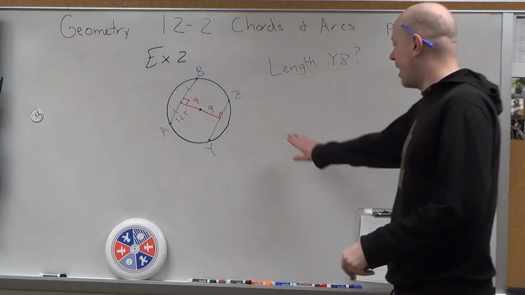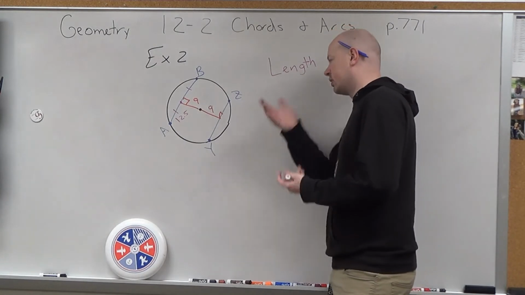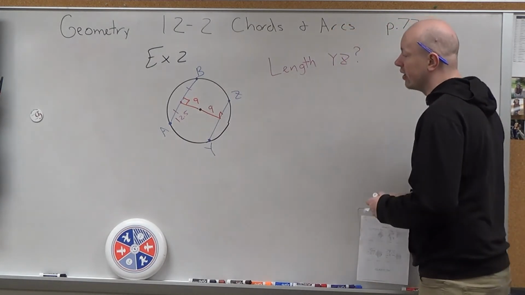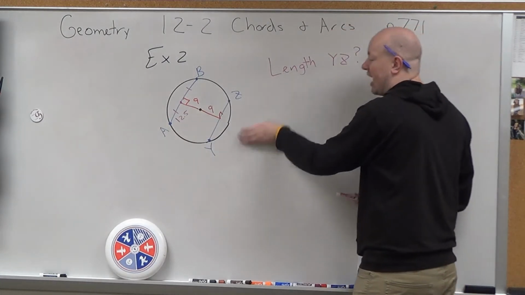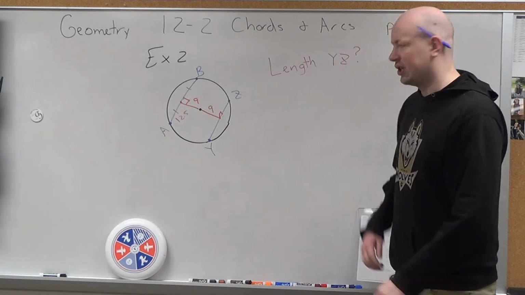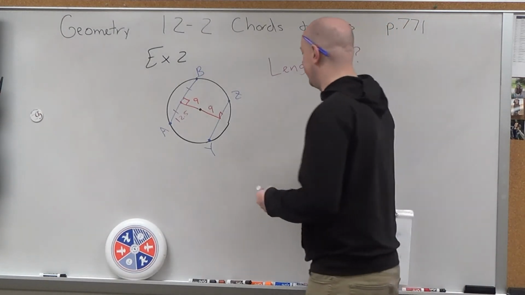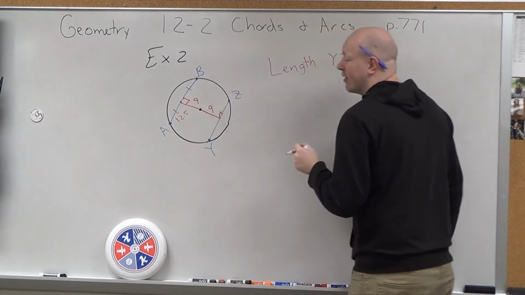Well, again, I get equidistance because I get the same value and I get perpendiculars. So I know that that's the shortest possible value. I know that the entire length of AB has to be the entire length of YZ, assuming a perfect drawing, which unfortunately, again, this isn't our best one. So the entire length of YZ has to be the entire length of AB.